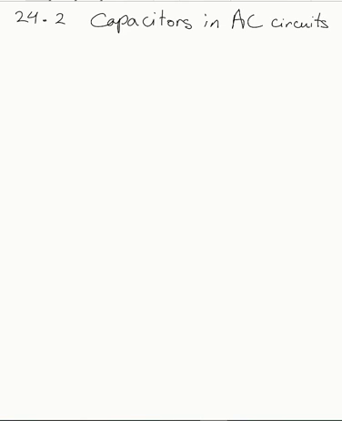Okay, so today we're going to talk about Chapter 24, Section 2, and hopefully Section 3. So let's talk about capacitors in AC circuits. In the previous section, we learned about resistance in AC circuits.